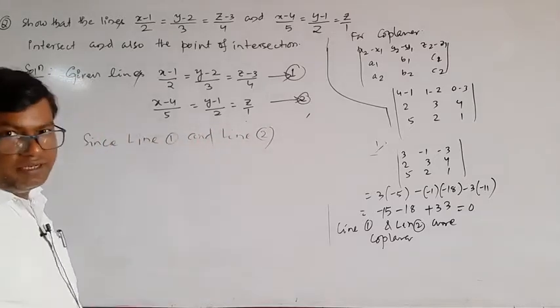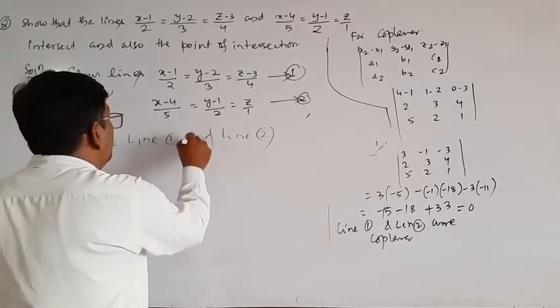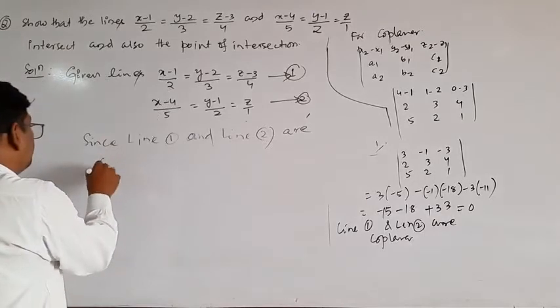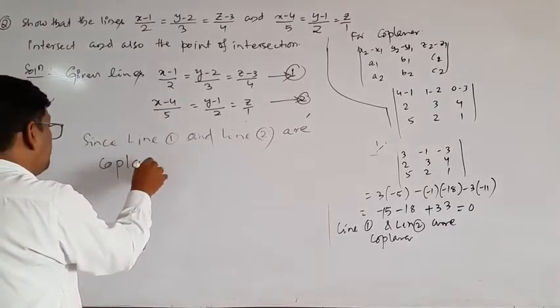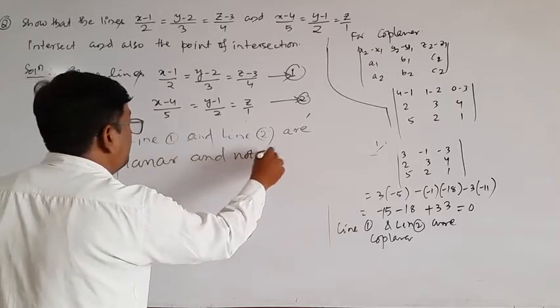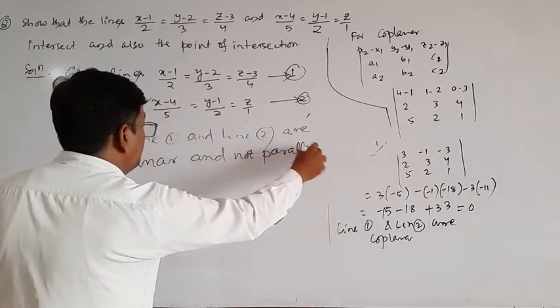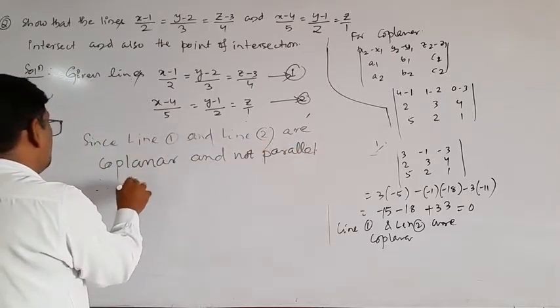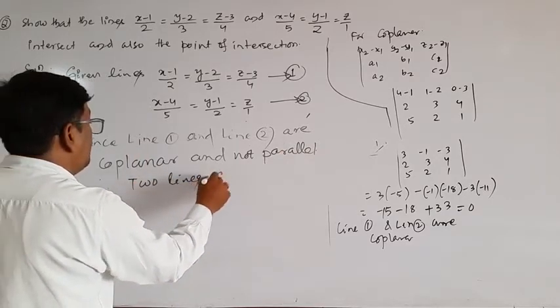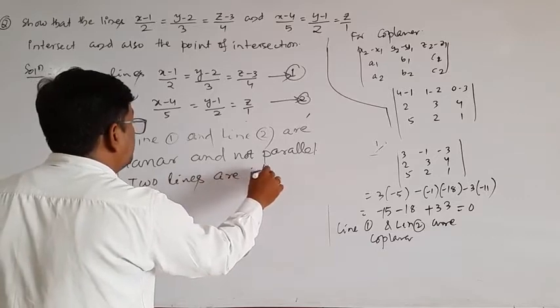Since line 1 and line 2 are coplanar and not parallel, therefore the two lines are intersecting.